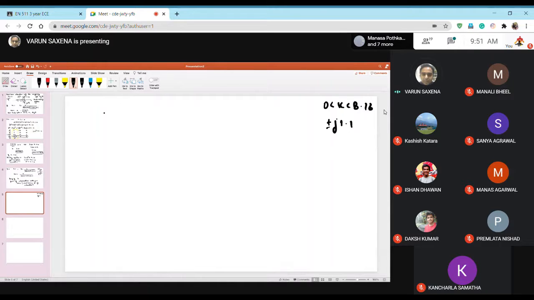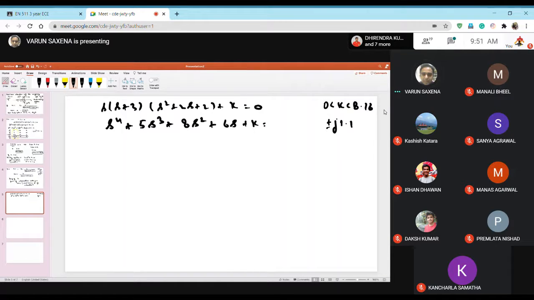So the characteristic equation will come out to be s into s plus 3 into s square plus 2s plus 2, plus k equals 0. So that comes out to be s^4 plus 5s cube plus 8s square plus 6s plus k equal to 0.